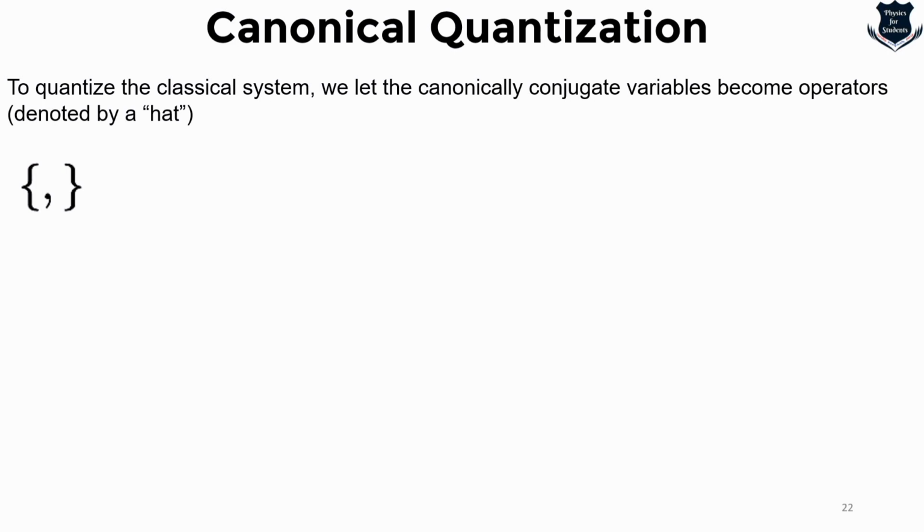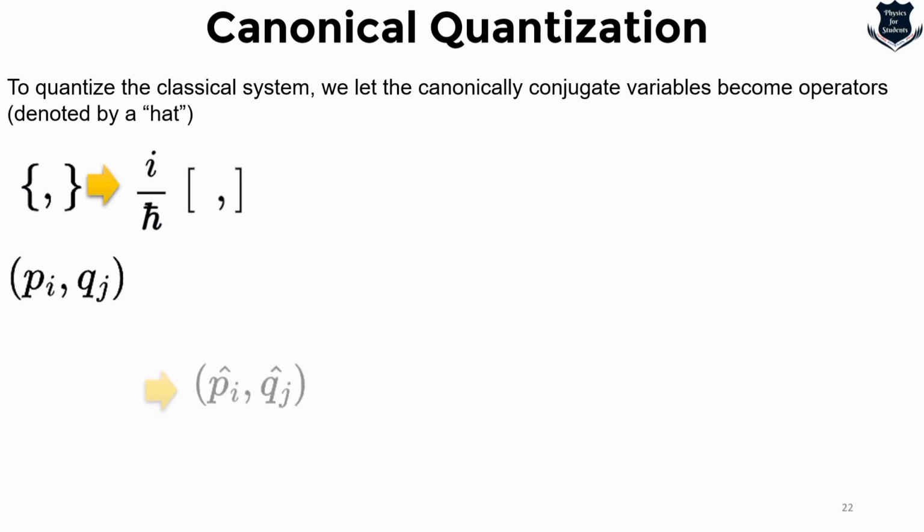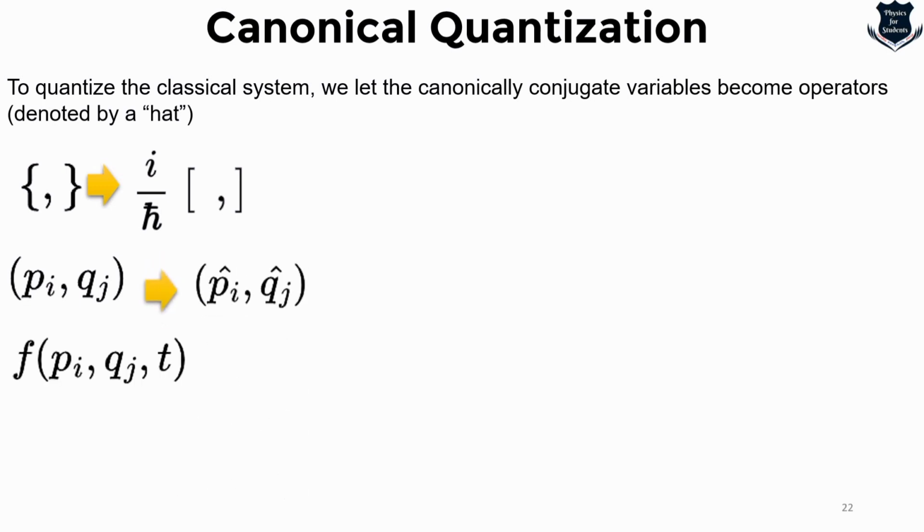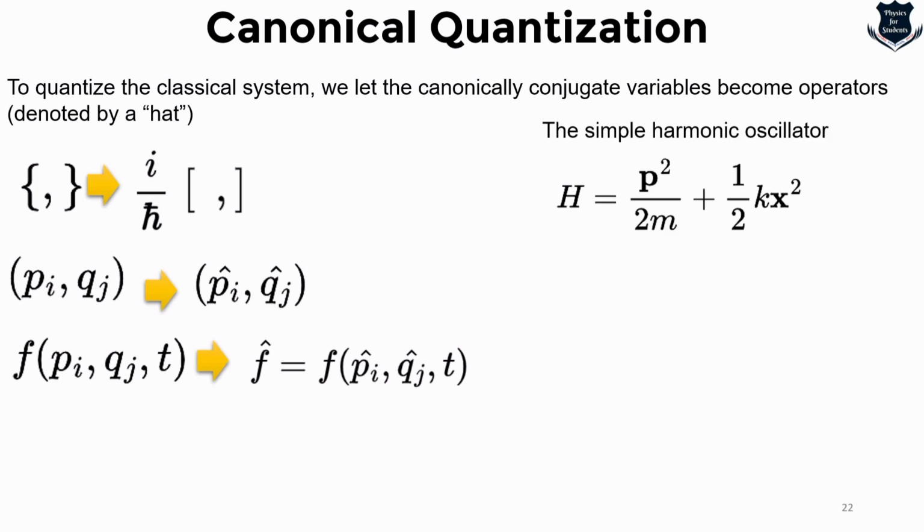So for example, this one we change to this, then I take a generalized coordinate, we change it to this, and this one I change to this. So the operators are taken to act linearly on a vector space. Let us take an example. This, as you can understand, is a simple harmonic oscillator.